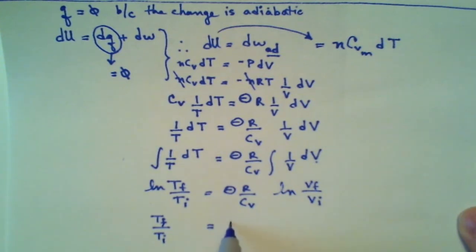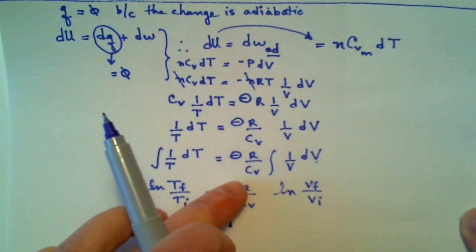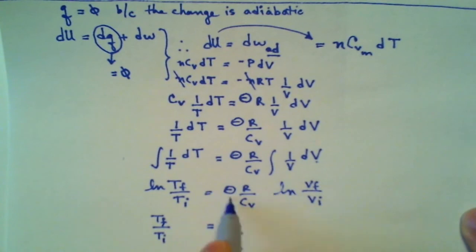And so the next inserted step in here would be a plus R over Cv ln V initial over V final. And so the inverse ln of that is going to be V initial over V final. What happens to your operator here on the ln is that it pops up and becomes the exponent.